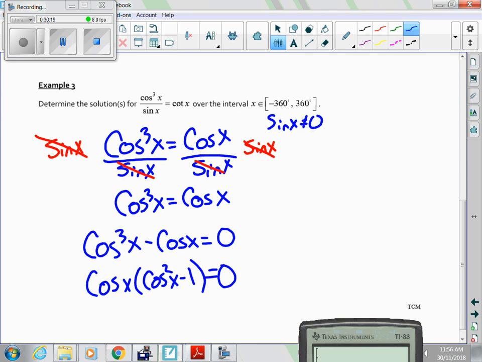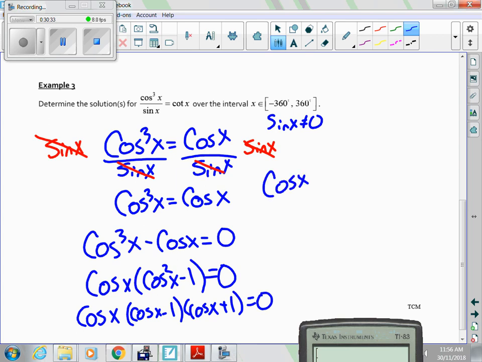And now a little difference of squares action. So cos x times cos x minus 1, cos x plus 1 equals 0. And I get cos x equals 0, cos x equals 1, and cos x equals negative 1 are my solutions for cos x. But now we have to put those into trig, right?